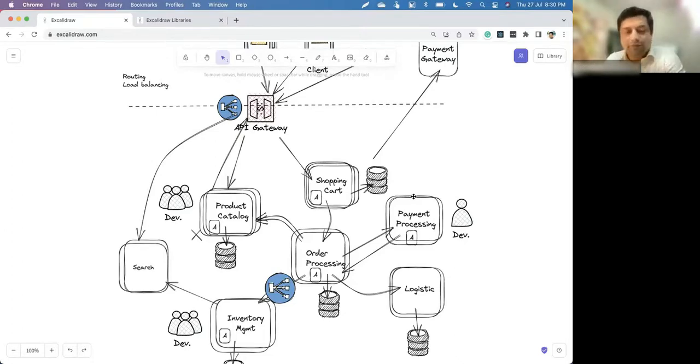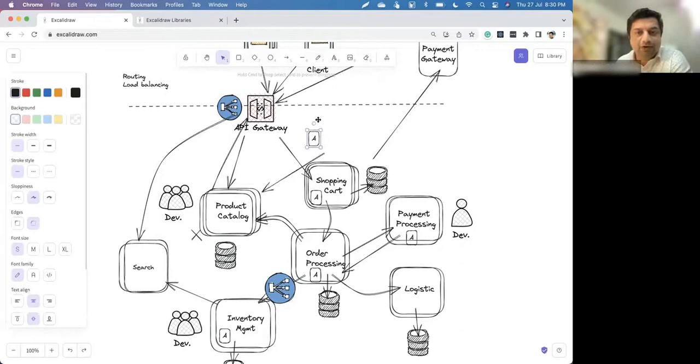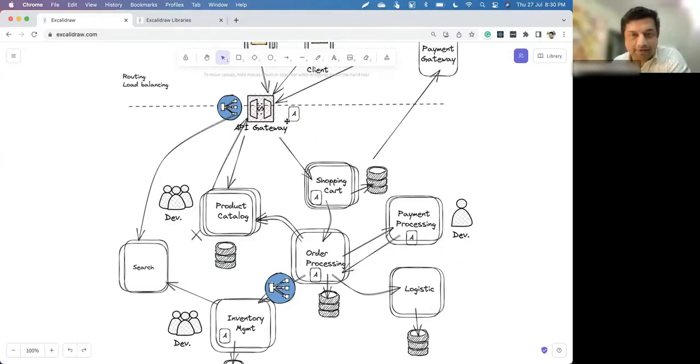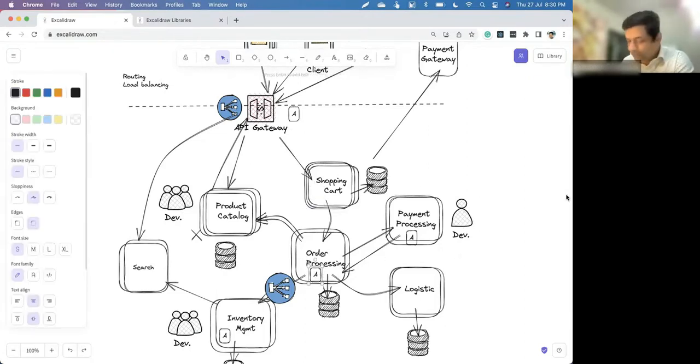So this is one pattern which helps you a lot. You can also implement authentication in the API gateway, so you don't have to put this everywhere.